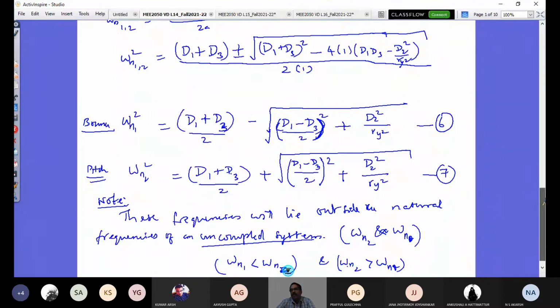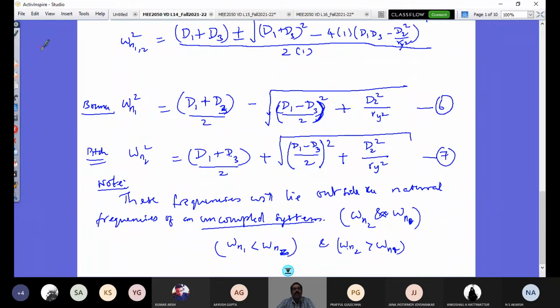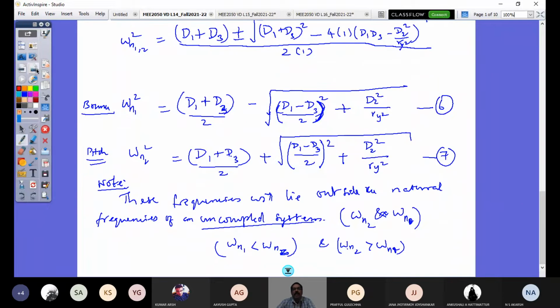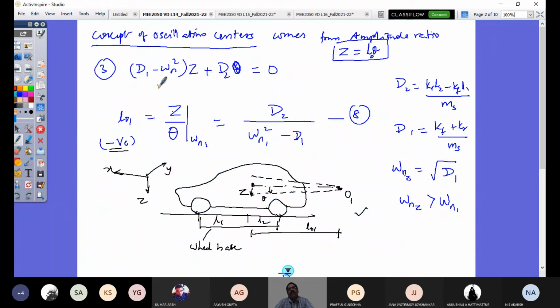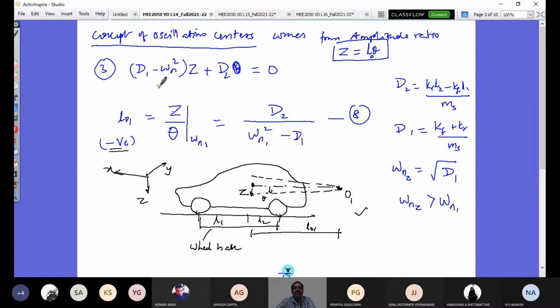And we have further discussed what would happen in case you use this wisely for understanding more physical insight, the concept of oscillation centers, which is given by Z is equal to L naught theta. So we were able to follow, there will be one oscillation center outside the wheelbase and another one falling within the wheelbase.